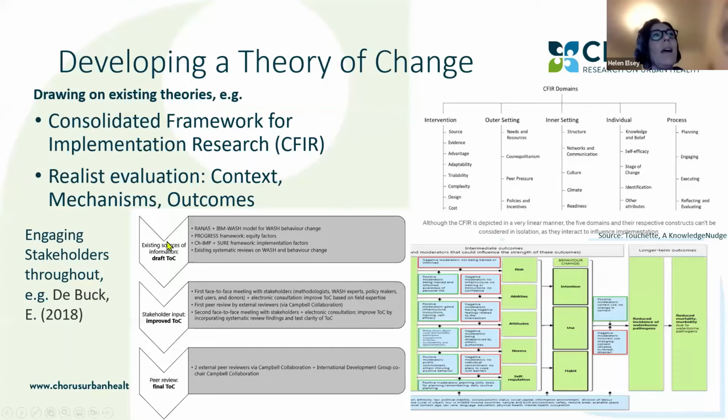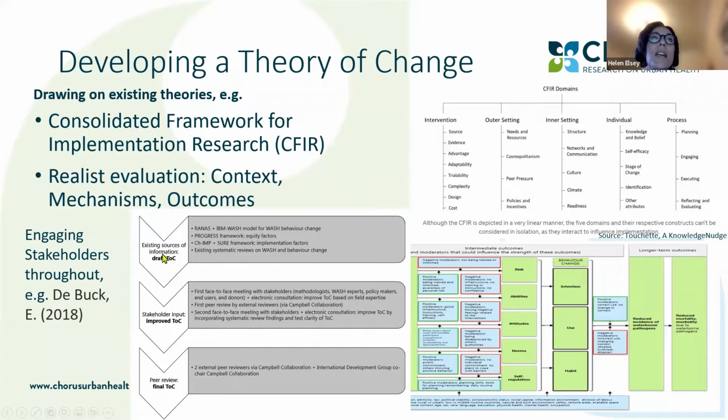And then there are a few other papers that we'll share, which really talk about how you develop a theory of change, bringing in all your different stakeholders.